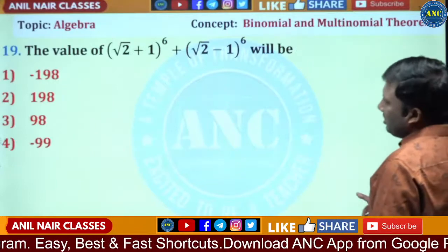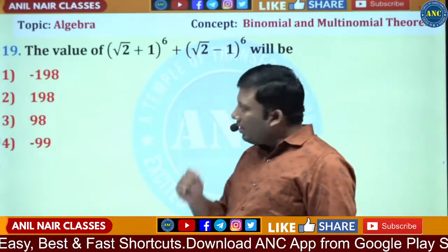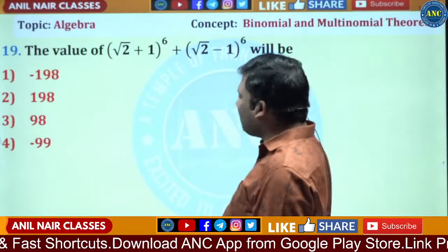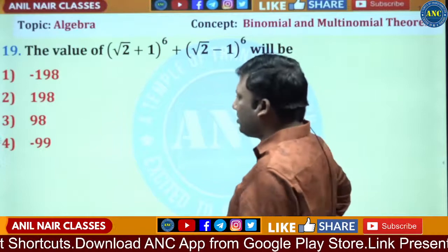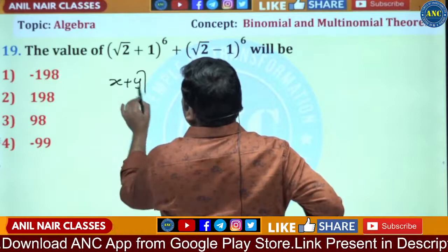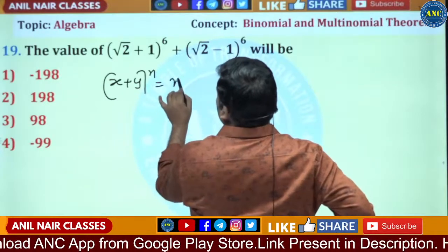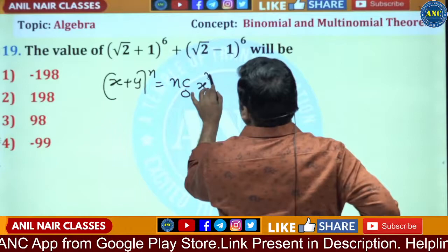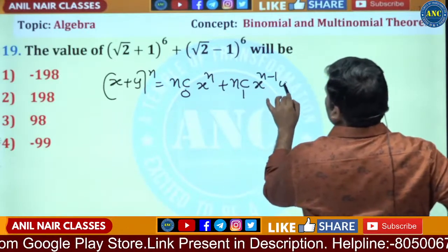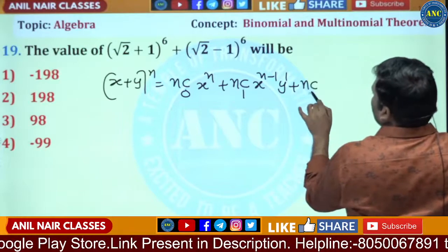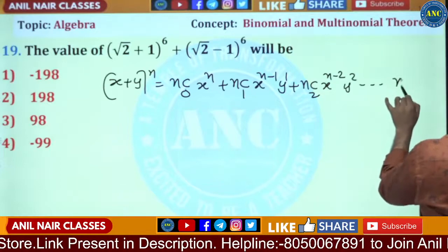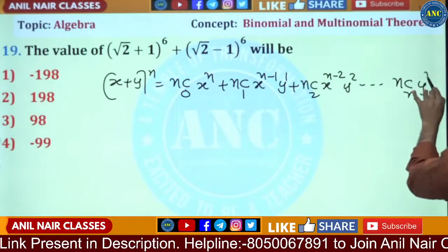This is another question. What is the value of (root 2 plus 1) power 6 plus (root 2 minus 1) power 6? Now, if you observe carefully, (x plus y) power n is given by nC0 x power n, nC1 x power n minus 1 y power 1, nC2 x power n minus 2 y power 2, and so on up to nCn y power n.